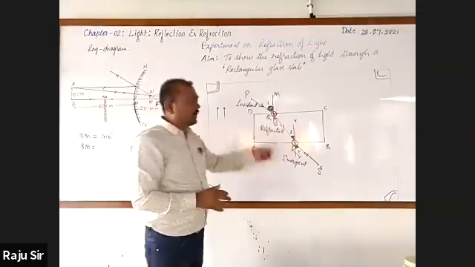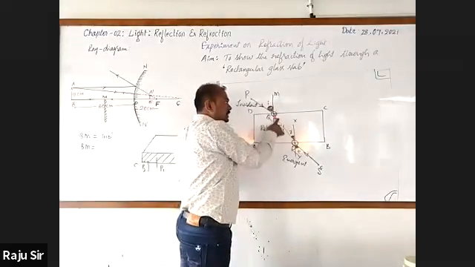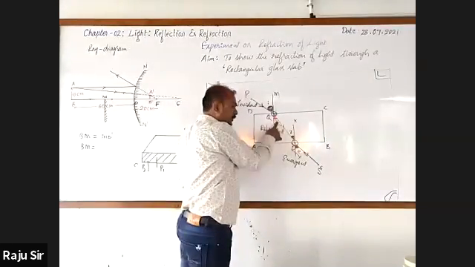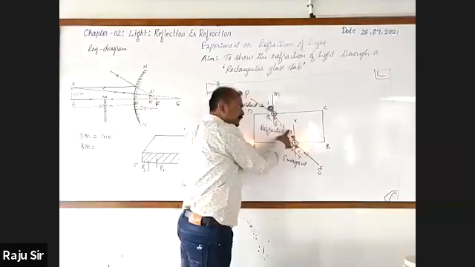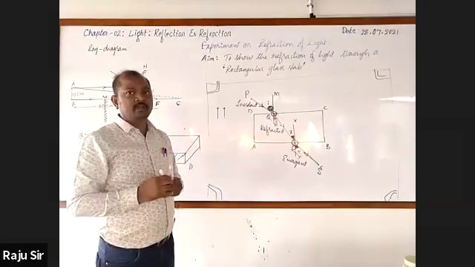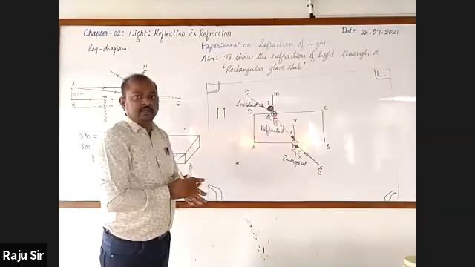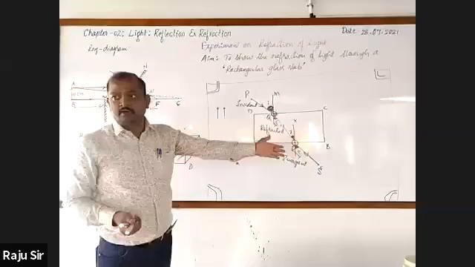These are the angles that are formed: first, angle of incidence; second, angle of refraction; third, angle of refraction; fourth, angle of emergence. And you can also notice that here the light ray has passed through the rectangular glass slab.